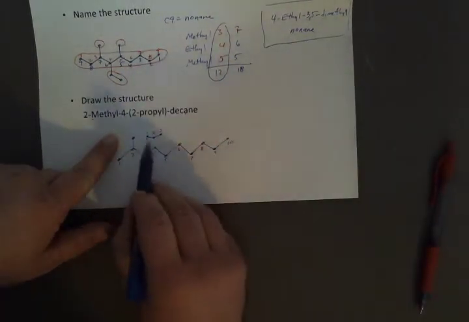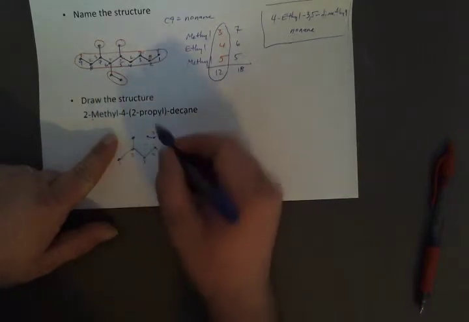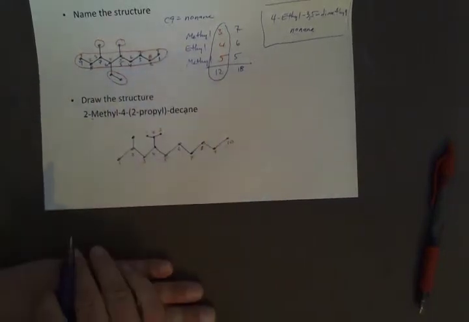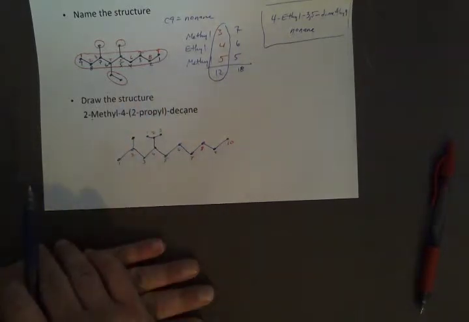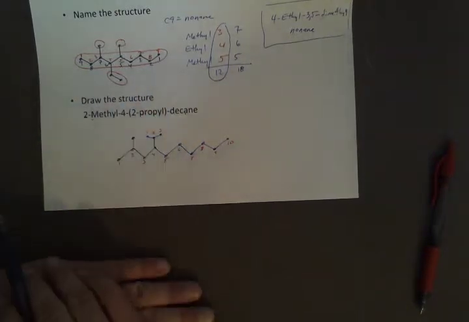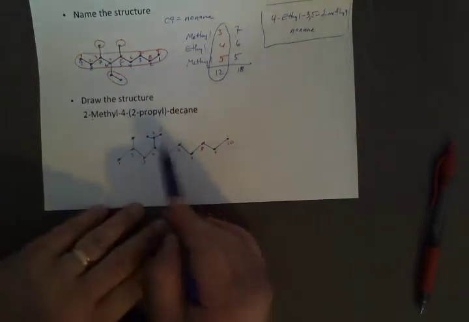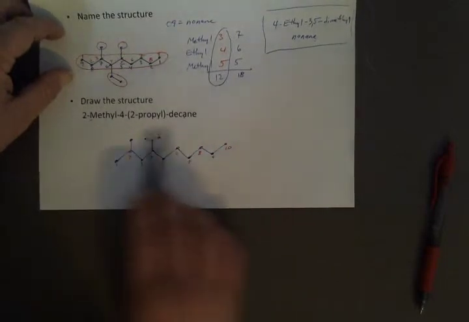But instead of being connected to the main chain through carbon 1, it's connected through carbon 2. So there we go, there's your structure.